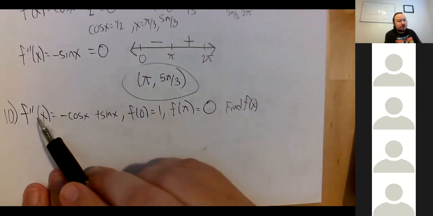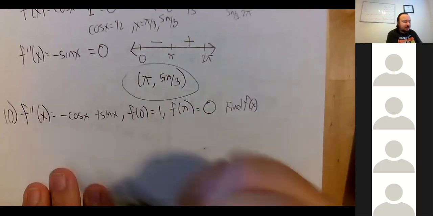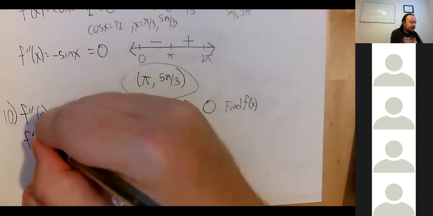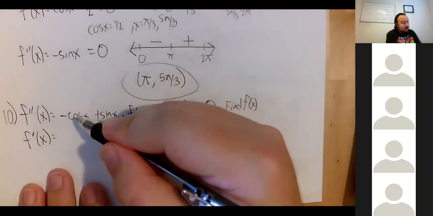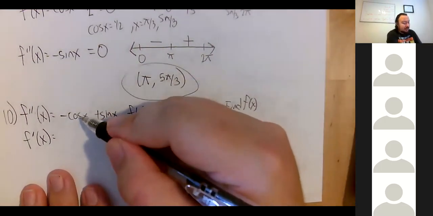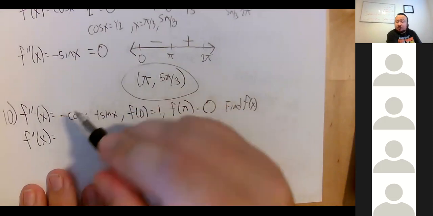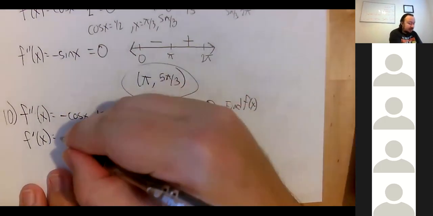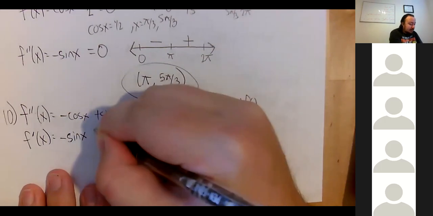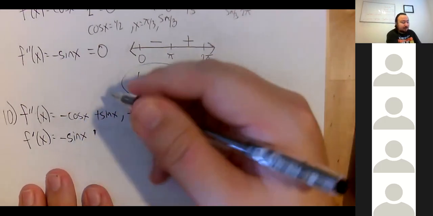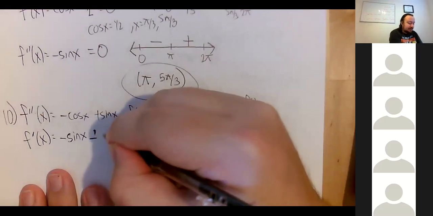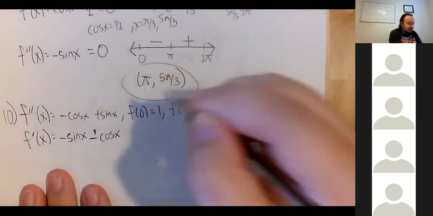In order to undo a derivative, to go back from the second derivative to the first derivative, I perform an antiderivative. So the antiderivative of negative cosine, now remember, for antiderivatives, cosine doesn't change its sign. So this is going to be negative sine. And for sine, it does change its sign for antiderivatives, so minus cosine.